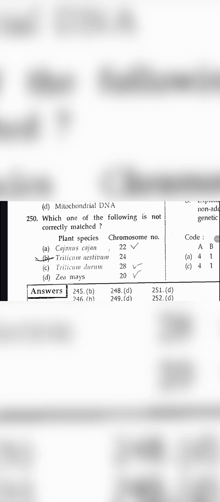24. Yes, it is actually 42, I guess. Question number 251. Which of the following is not correctly matched? That is option D, duplicate gene. 14 is to 2. No, it's wrong. Yes, that is 15 is to 1. Question number 252.